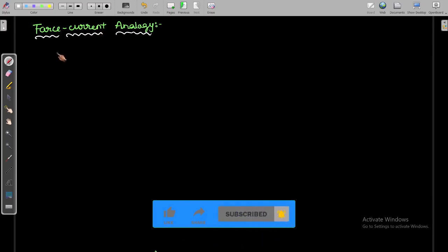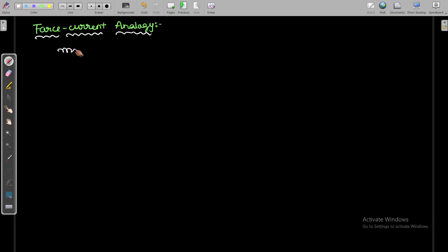Let us consider first the mechanical systems on this side. Next, on this side we have the electrical systems.